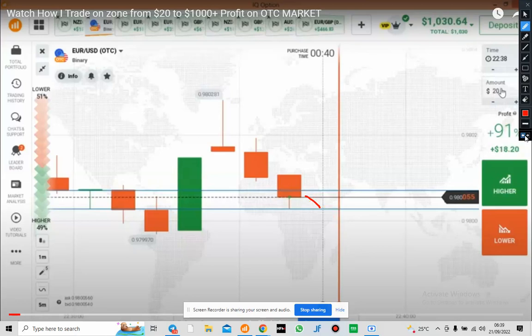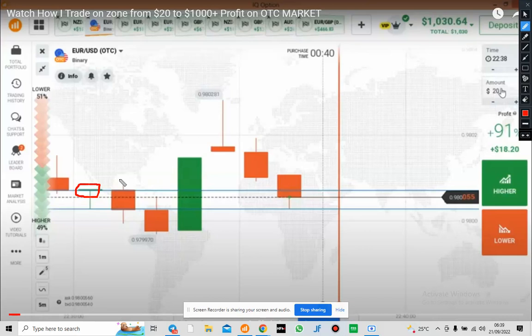So here, why did I go with bias here? If you look on the left side, we have this candle here, a dragonfly doji. It seems to be like a doji, but it has a color. Sometimes you say doji doesn't have a color.